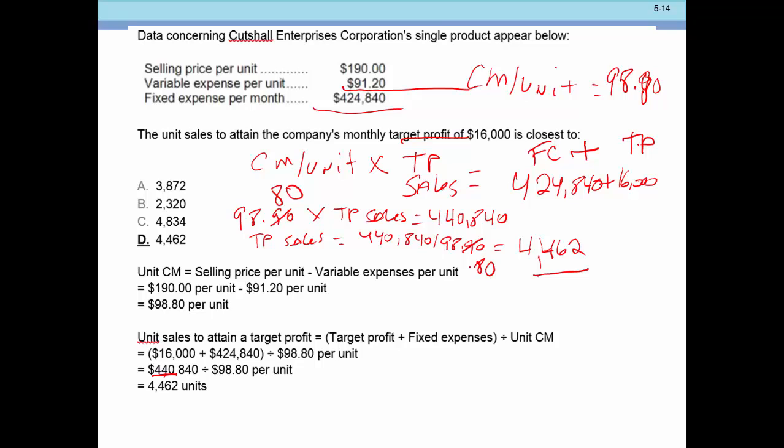And when I do the division on that, I take my 440,840. I divide it by my contribution margin per unit, $98.80, which means my target profit units here are 4462. Did that come out perfectly?